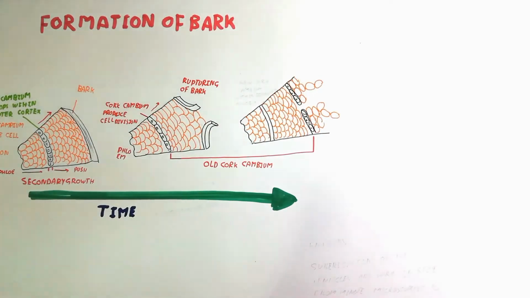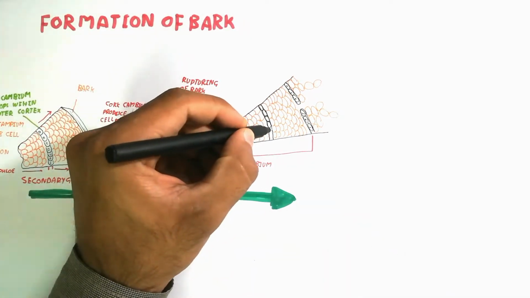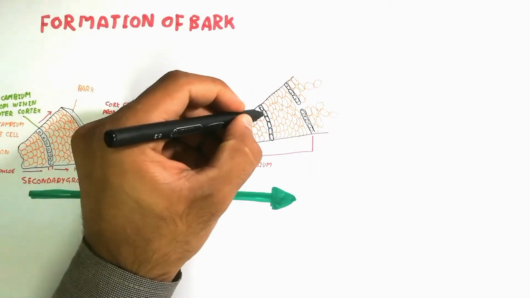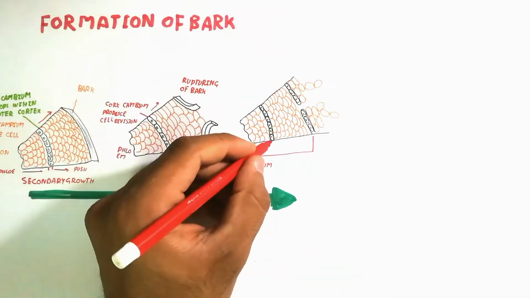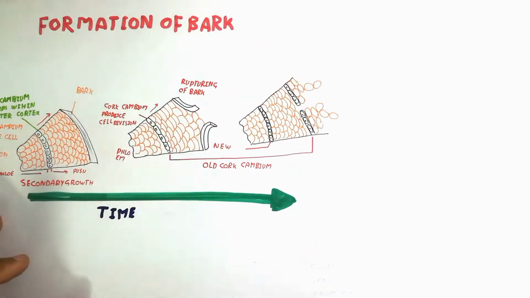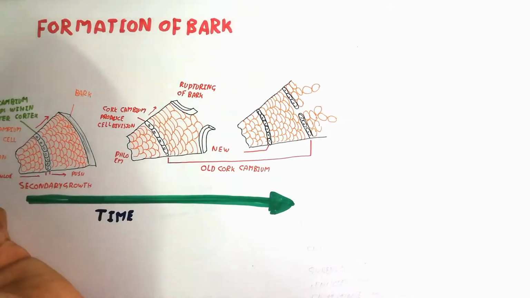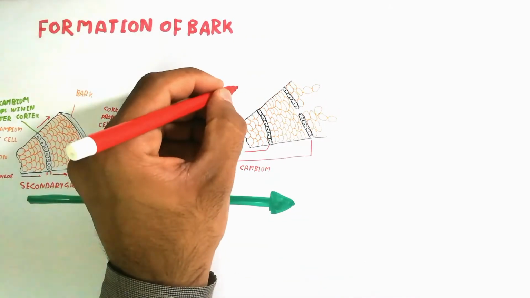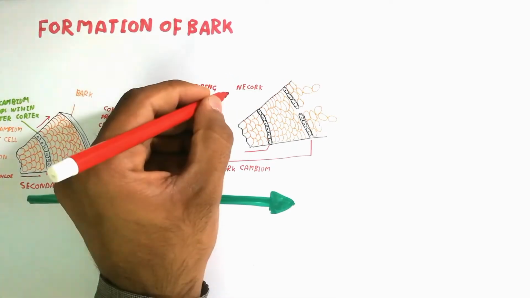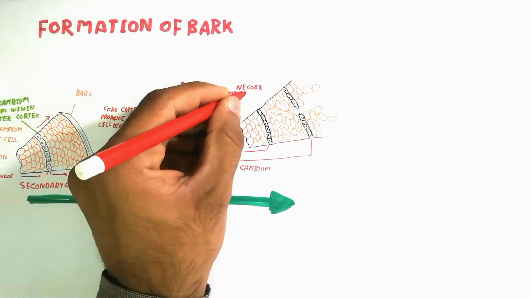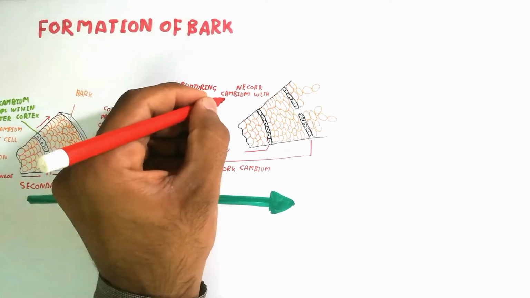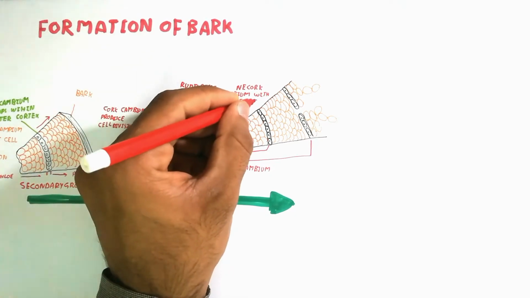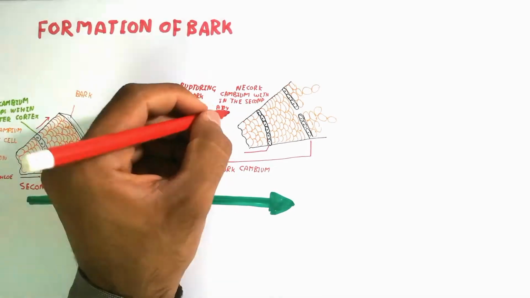Just remember it. Here is the old cork cambium, which is going upward, and here is the new one, which arises from inside and goes outside, but the old cambium will rupture, and its cells will slough off. That's the old bark, and new bark will be produced from the inside.